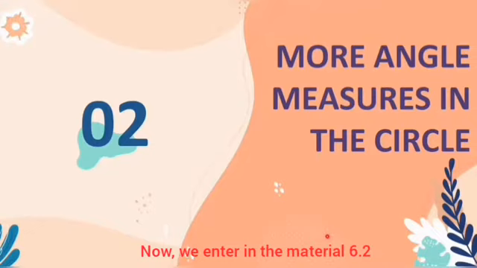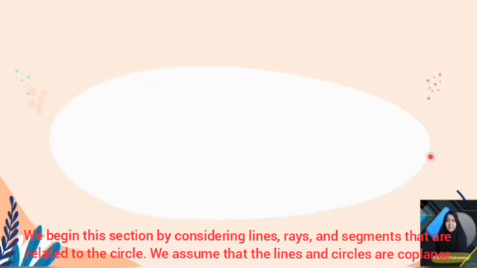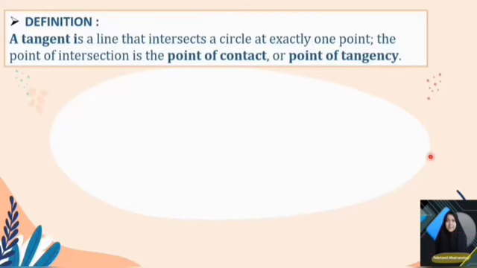Now we enter section 6.2 about more angle measures in the circle. We begin this section by considering lines, rays, and segments that are related to the circle. We assume that the lines and circle are coplanar. Definition: a tangent is a line that intersects a circle at exactly one point.